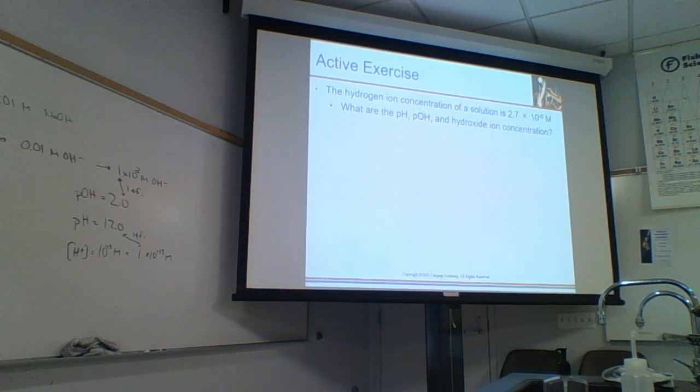And so if we want the pH, we have to use the calculator. Negative log of 2.7 times 10 to the minus 6. And so we just punch it in our calculator: 2.7 times 10 to the minus 6.